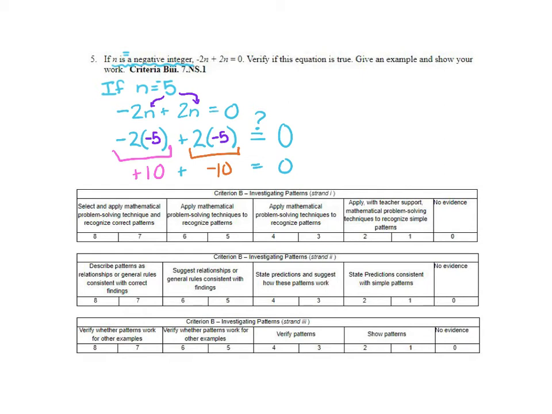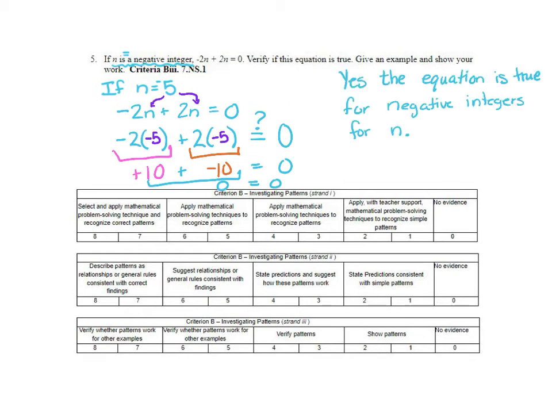Or if I'm adding opposites, that gives me 0 equals 0. So yes, the equation is true, and I did give you an example. I'm going to write a little statement saying why it's true. I said yes, the equation is true for negative integers for n. And you could say, see the example to the left.